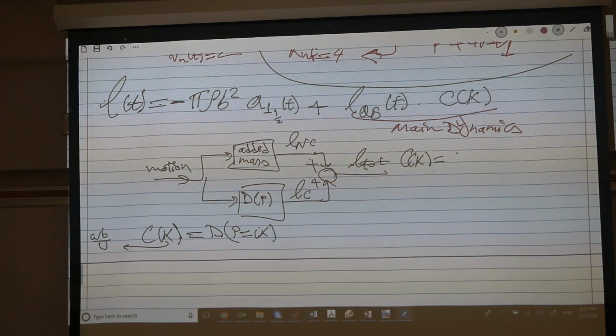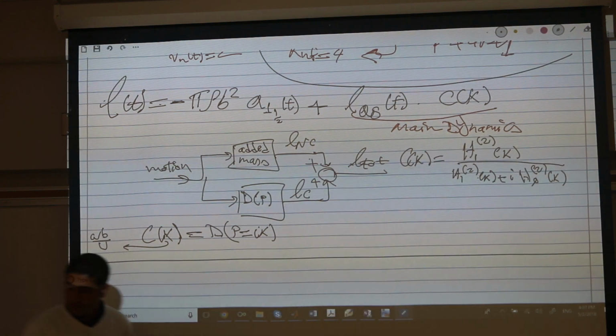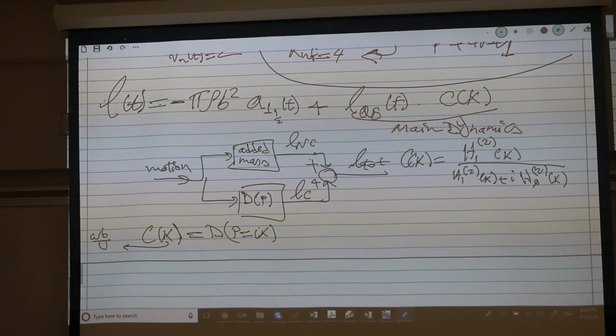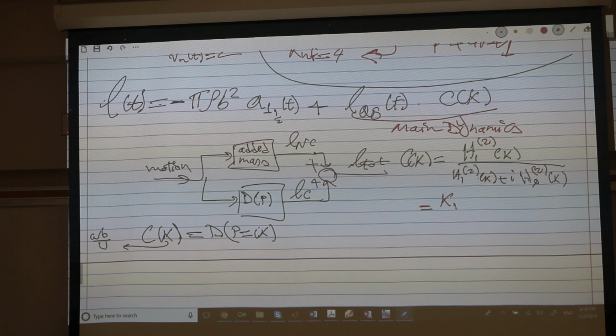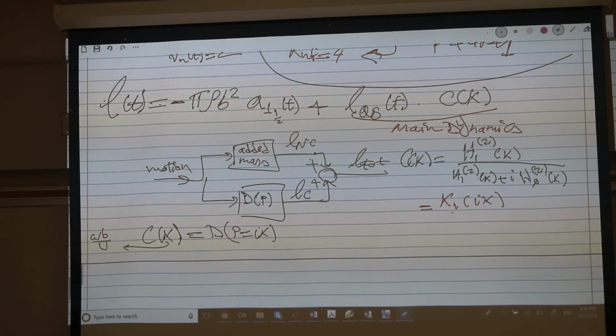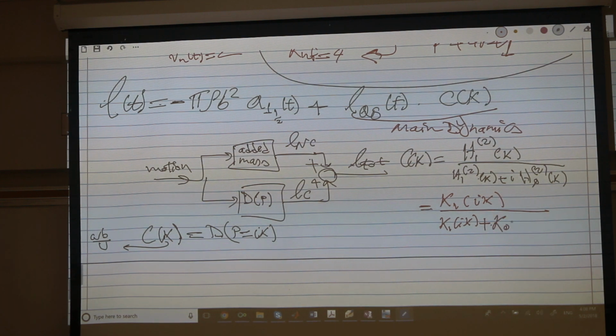So C of K, last time, luckily, this is what Theodorsen found: H1(2) over H1(2) plus i H0(2) of K. And luckily, this is a nice function, MATLAB Bessel H. Actually, it can be written another way: K1 of IK over K1 plus K0.